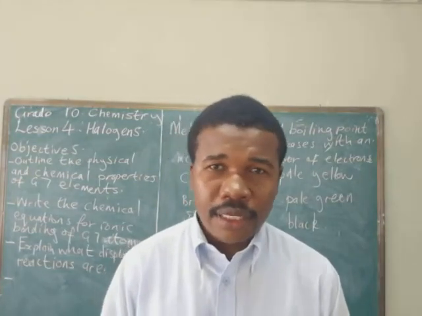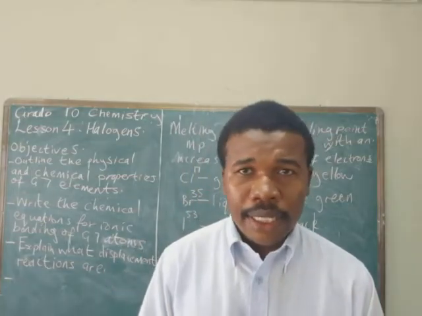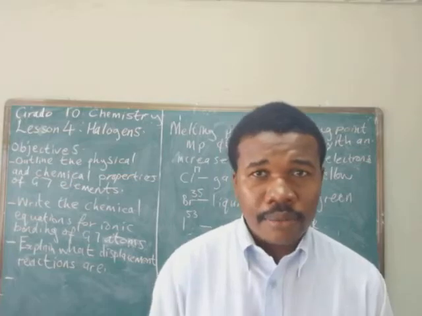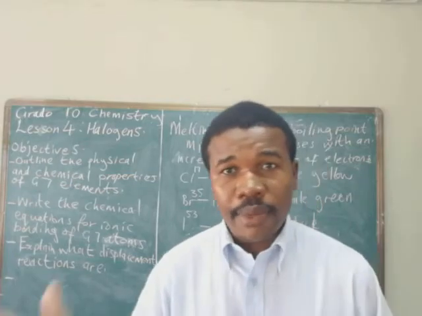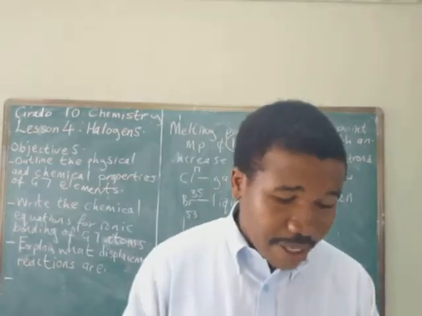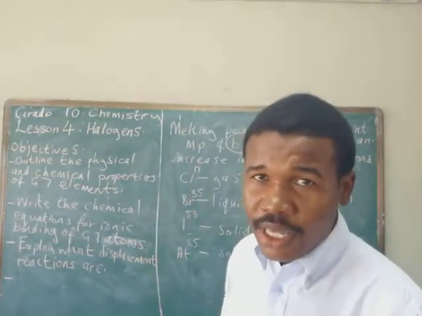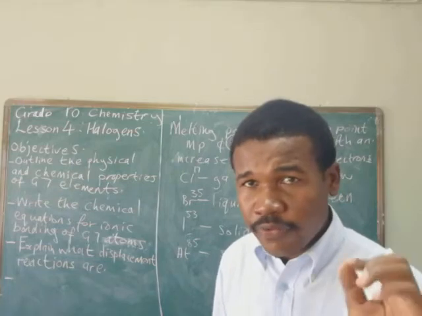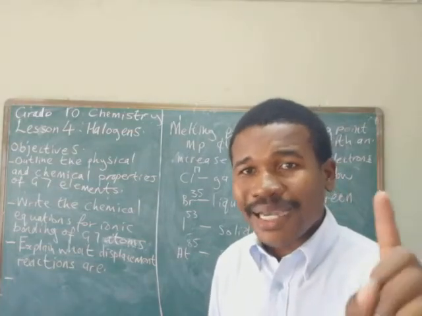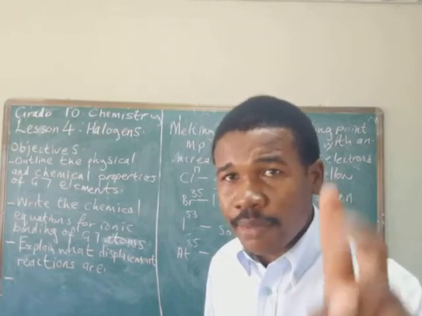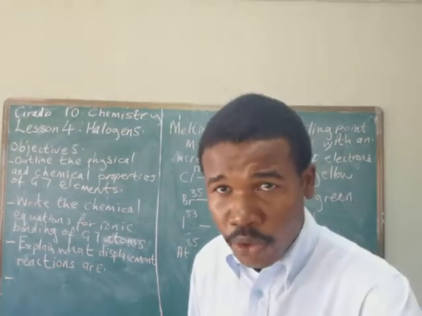Let's do magnesium and chlorine, sodium and bromine, lithium and fluorine. I'm going to write 3 equations there. The first one, let it be magnesium and chlorine to give us magnesium chloride.